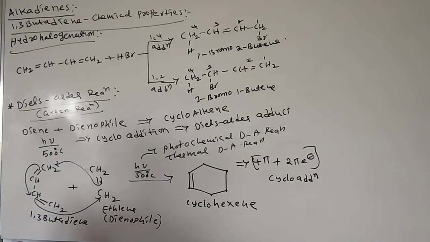This we call the Diels-Alder reaction, a green reaction. It is one of the important reactions, photochemical or thermal Diels-Alder reaction. There are so many examples: addition with benzene, naphthalene, anthracene, maleic anhydride. All those molecules add here.